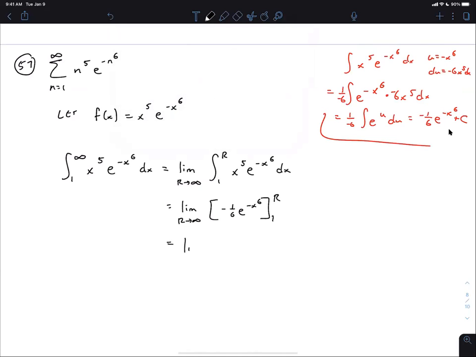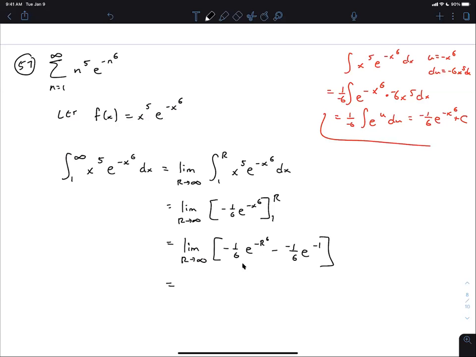And now we plug in r, plug in 1, and subtract. And so now as r goes to infinity, r to the 6th goes to infinity as well. Negative infinity is negative infinity, and then e to the negative infinity goes to 0.